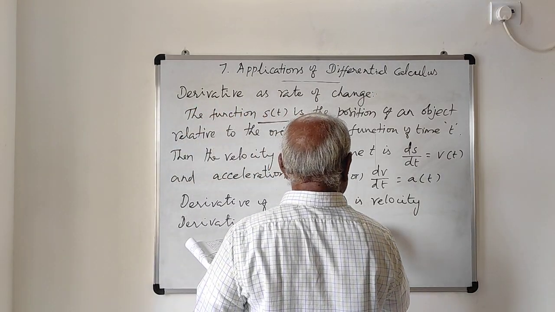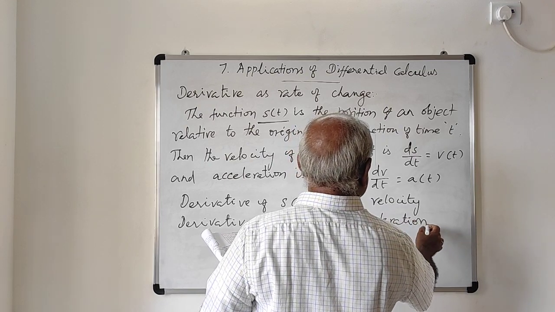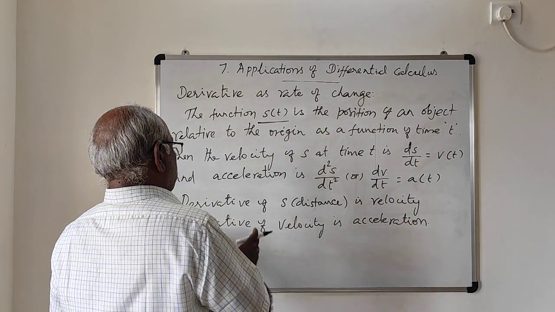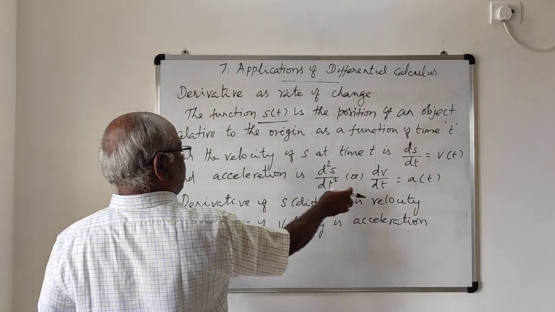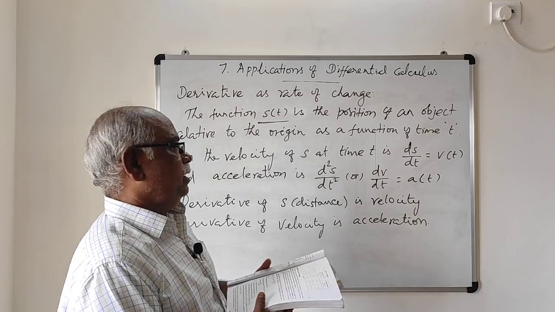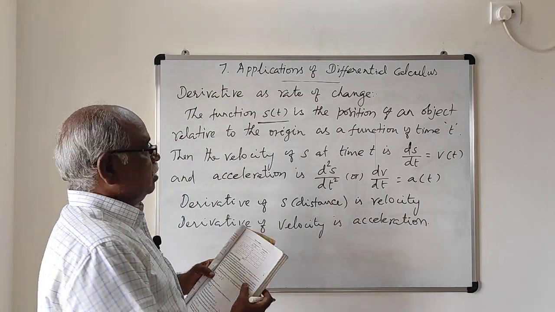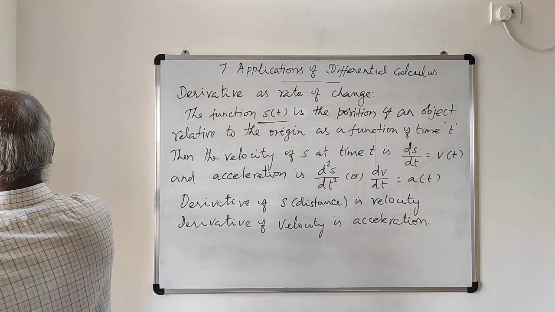So ds by dt is velocity, dv by dt is acceleration, or the double derivative of s, d square s by dt square, is acceleration. Now we will see some remarks on this velocity and acceleration.